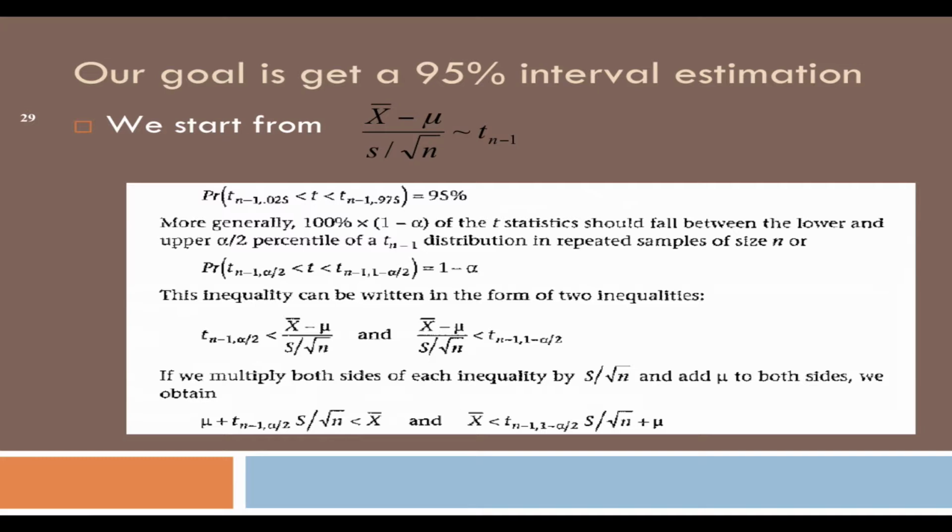It turns out that of these two boundaries, one is the negative of the other, because this distribution is symmetric around 0.